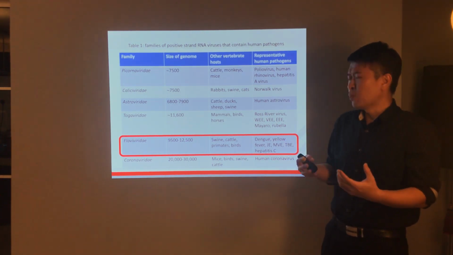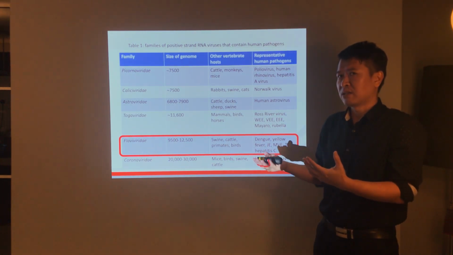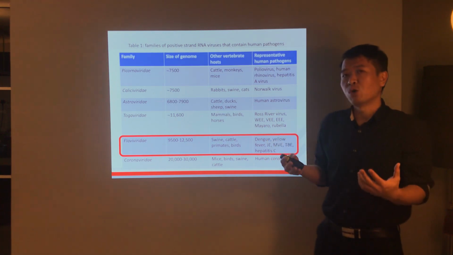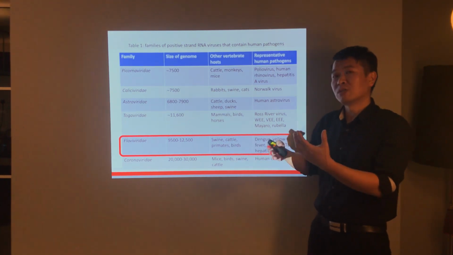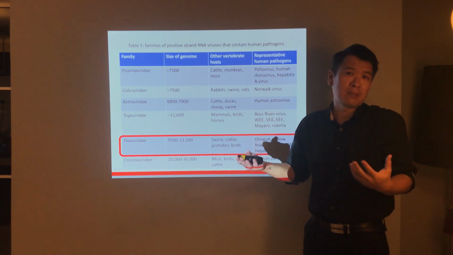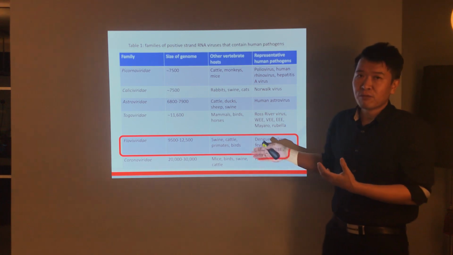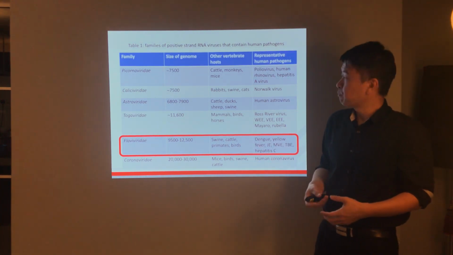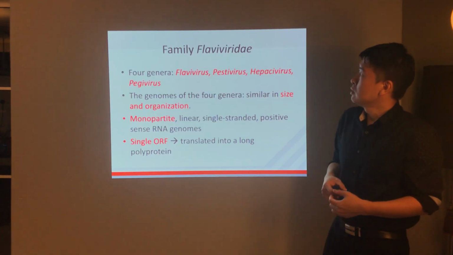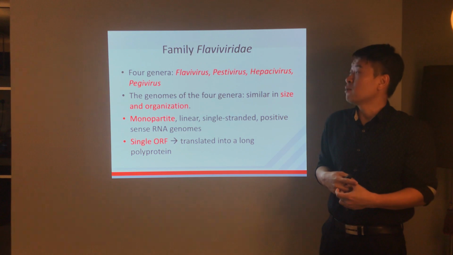Even though the death toll is not as high as coronavirus, once you understand the life cycle, how the virus infects, replicates, and so on, you can apply the understanding that you learn from Flaviviridae to Coronaviridae. So let's have a look at the family Flaviviridae.